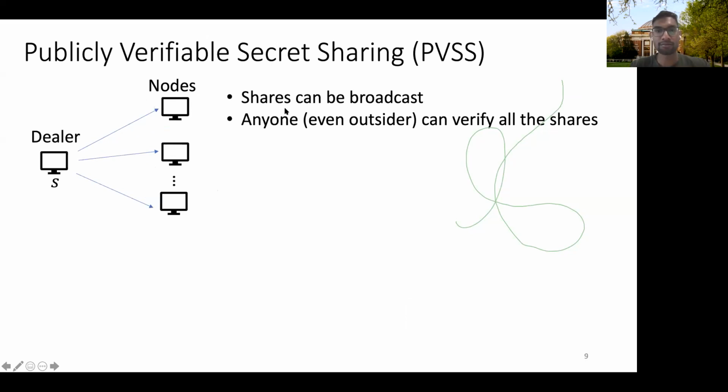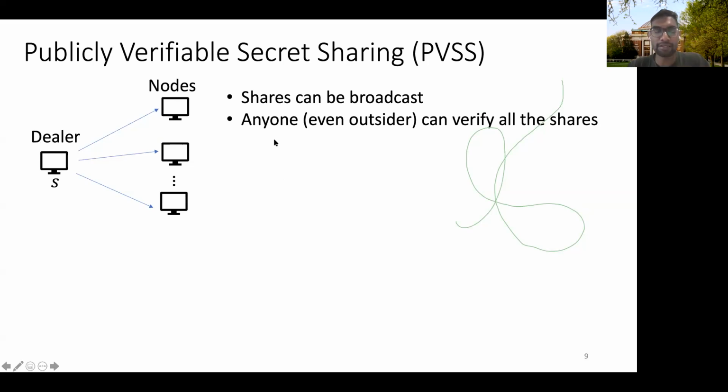And why is that? Because the shares are essentially encryptions of the original shares. And if we believe the encryption scheme hides messages, then even if the dealer broadcasts the encrypted share, others will have no information about the actual plaintext share.